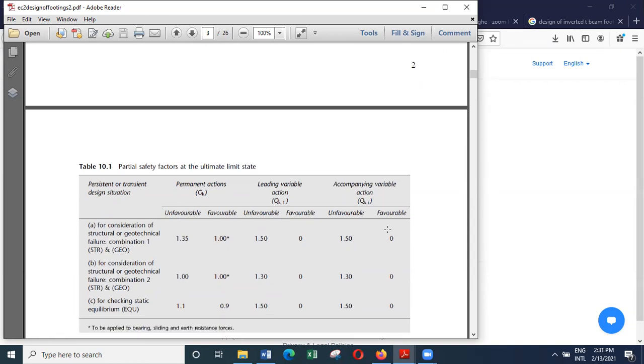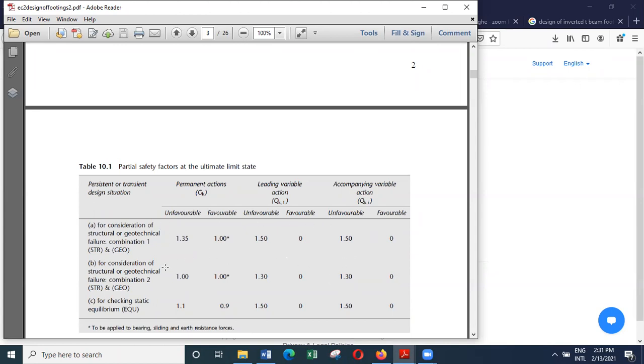And for accompanying variable action, again we use 1.5, but we can have another factor of 0.7 or 0.5, 0.5 for wind load and 0.7 for live loads. So you can actually use this particular combination.